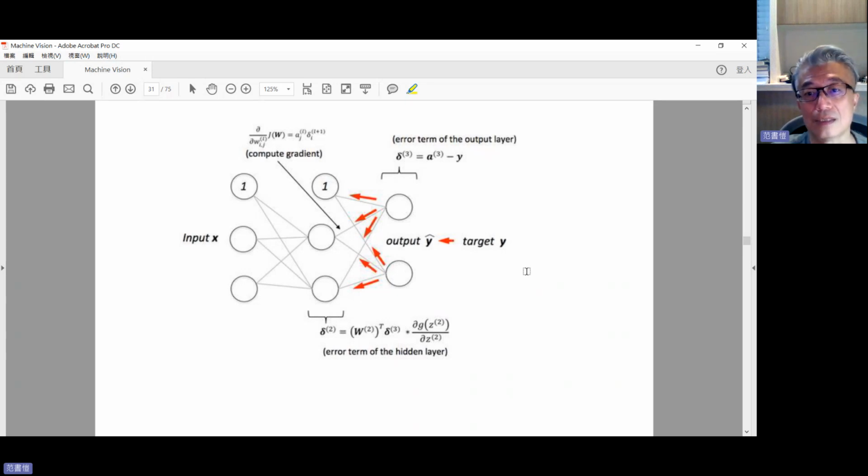That renders the output Y hat, used to predict what Y should be.